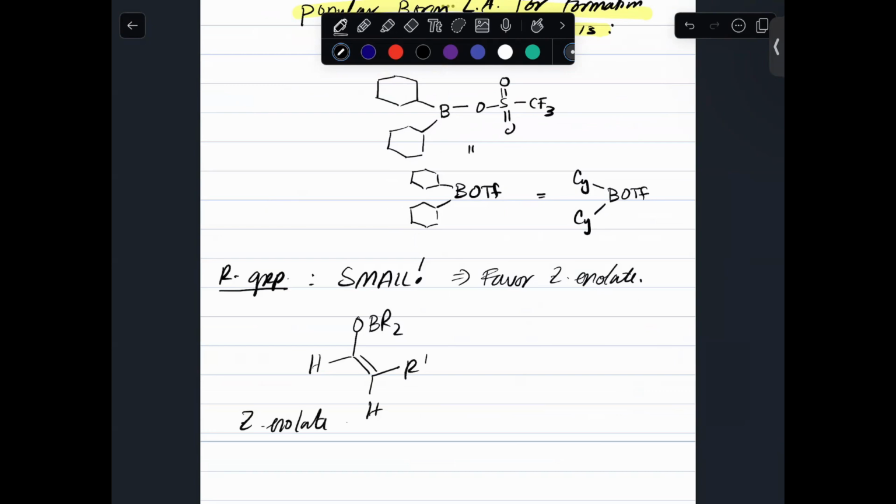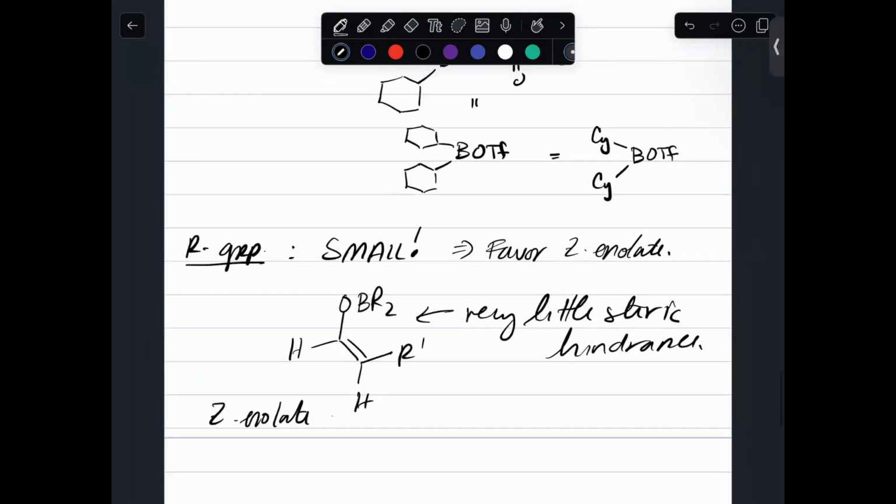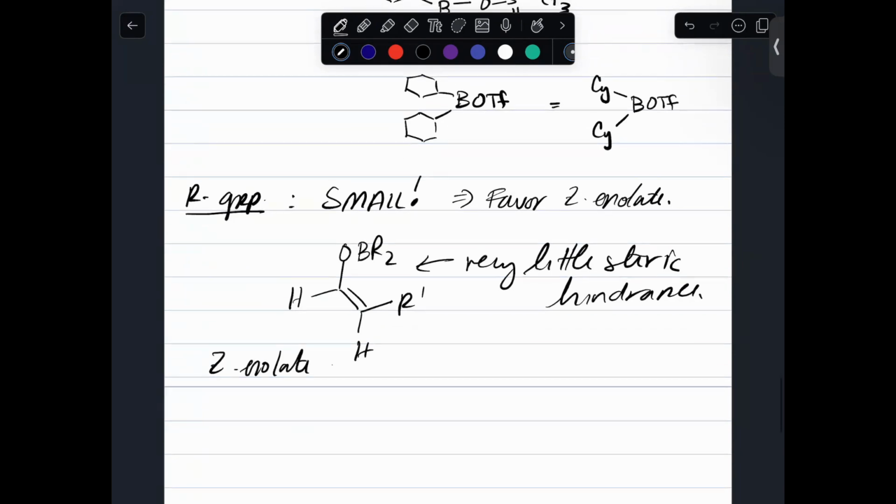If you use really small R groups, it's pretty easy to favor the Z-enolate because there's very little steric hindrance. Now, this doesn't mean that you don't form the E-enolate, right? You probably do form the E-enolate, and there's very little of the E-enolate, but the majority of it favors the Z-enolate.